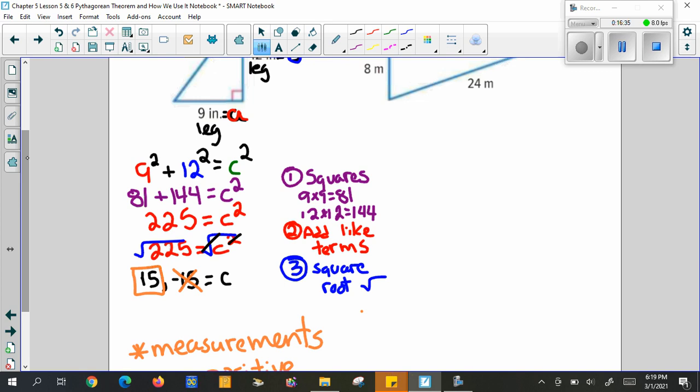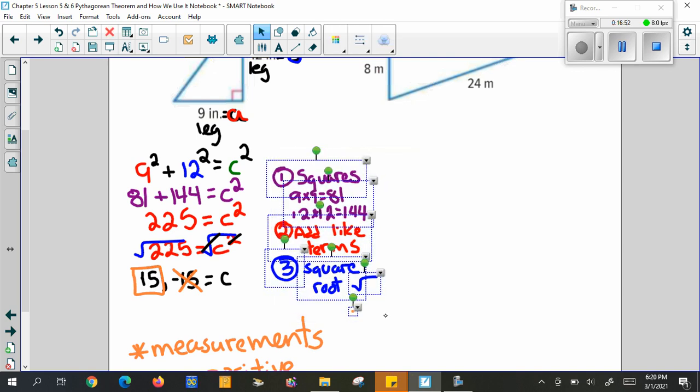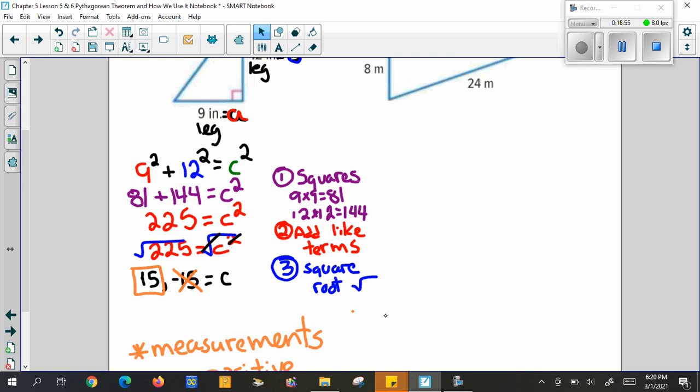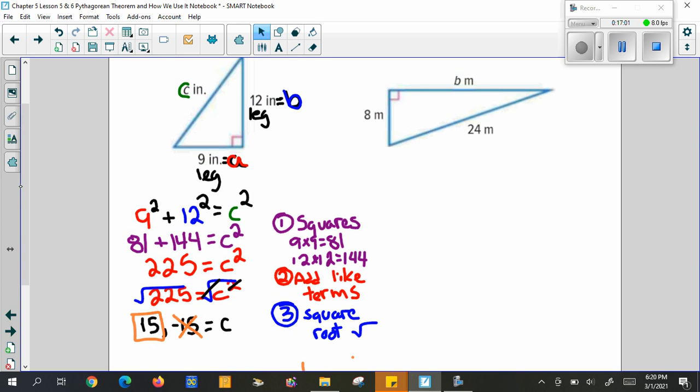That is when we are trying to find the hypotenuse C. If I am looking to find the legs, you're going to notice a slight variance in the steps that I follow. Let us take a look by following through with the second example.